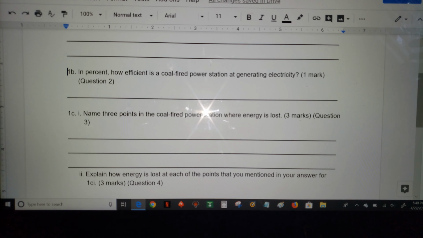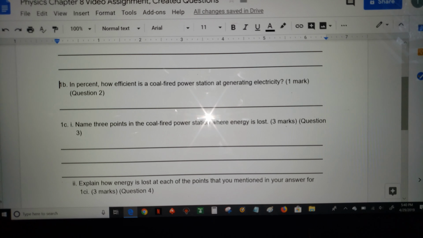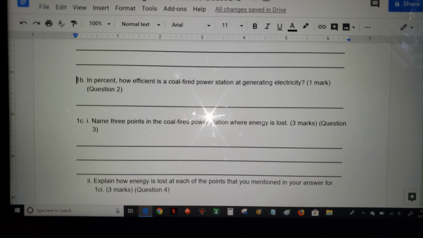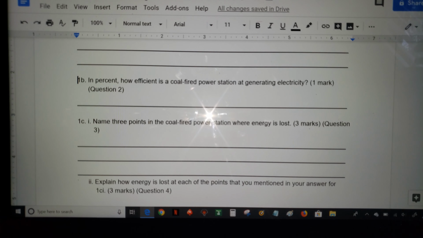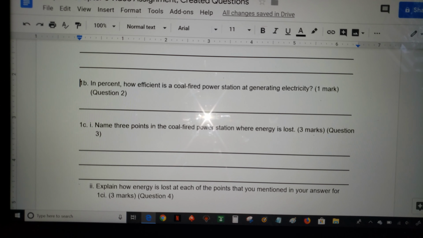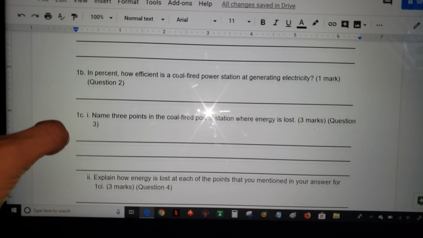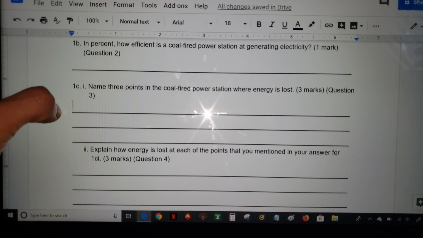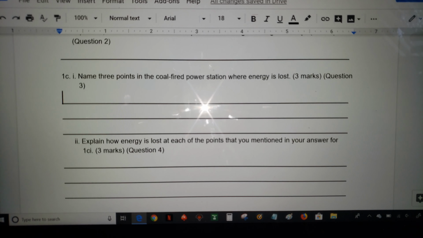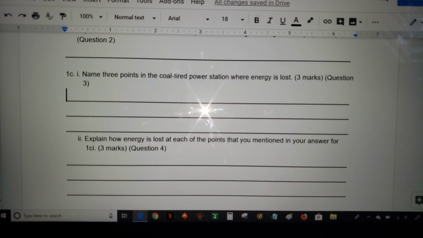In percent, how efficient is a coal-fired power station in generating electricity? That answer, I believe, is on page 276. And if you don't want to open your own book, I'm sure you could rewind this video to find that one. In 1C1, name 3 points of the coal-fired power station where energy is lost.